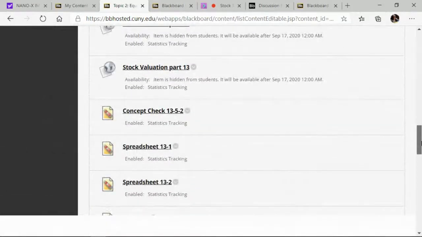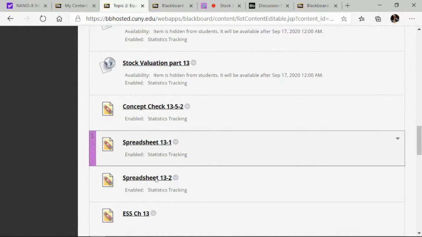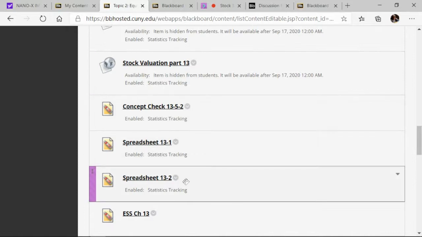Topics folder, and if you scroll down, there are two. We did this exercise, right? We did this one, and this is the one. This is the spreadsheet 13-2. This is the exercise that we are going to do.